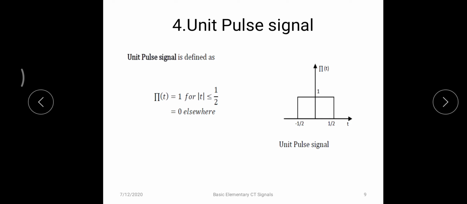The pulse exists only between minus 1 by 2 and plus 1 by 2. For values greater than 1 by 2, the amplitude is 0. For values less than minus 1 by 2, the amplitude is 0. So from 1 by 2 to infinity it is 0, and from minus infinity to minus 1 by 2 the amplitude is 0. The signal exists only between minus 1 by 2 and plus 1 by 2.